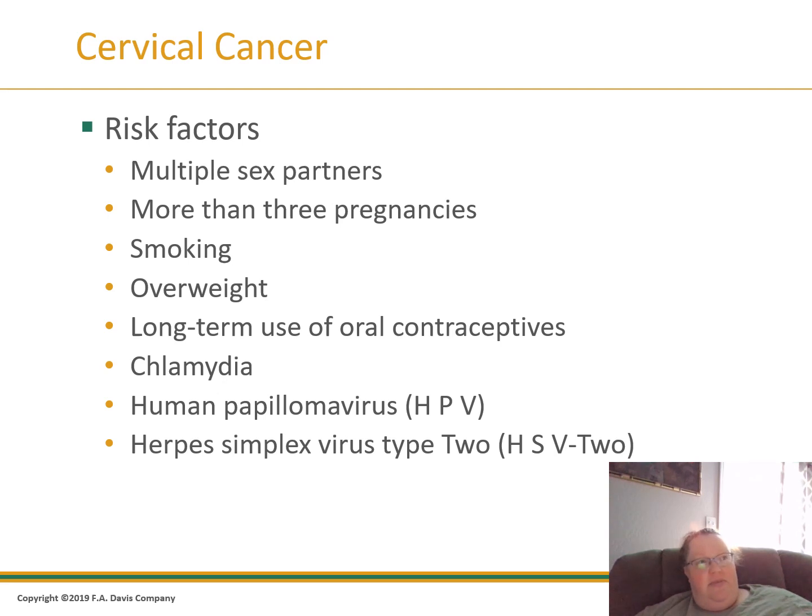If everybody gets immunized, you pretty much have cured cervical cancer. If you've had more than 3 pregnancies, you're at higher risk. Smoking, being overweight, long-term use of oral contraceptives, chlamydia, herpes simplex type 2, and of course HPV are all going to increase your risk for cervical cancer.